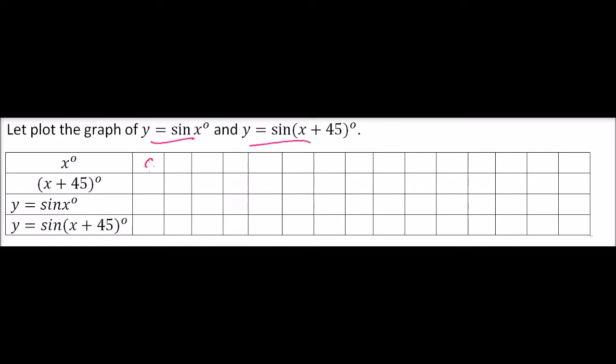We go to 45, 90, then 135, 180, then 225, 270, 315, 360, 405, 495, 540, 585, and 630.